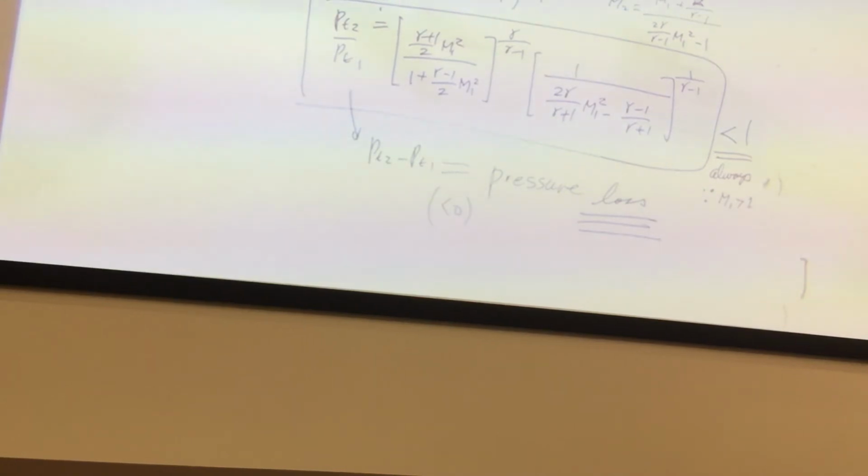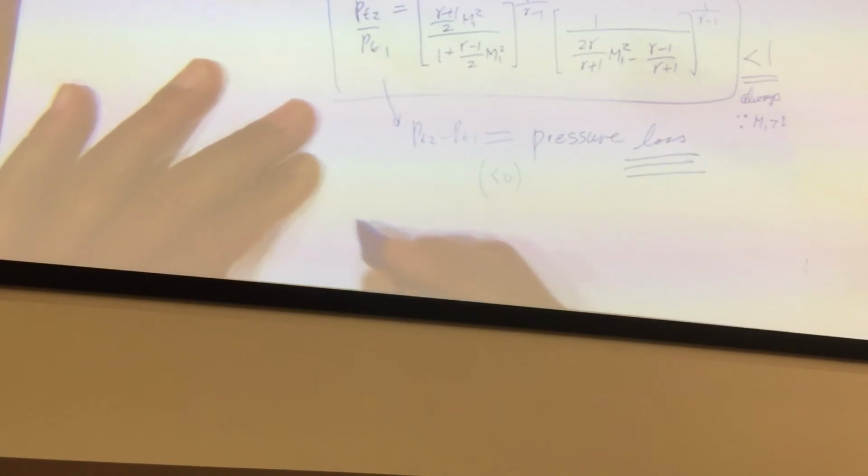Now, here, because we define the pressure PT2 as the downstream stagnation pressure and PT1 as the upstream stagnation pressure, when you do the mathematical operation, this turned out to be less than 0. So what happened there?